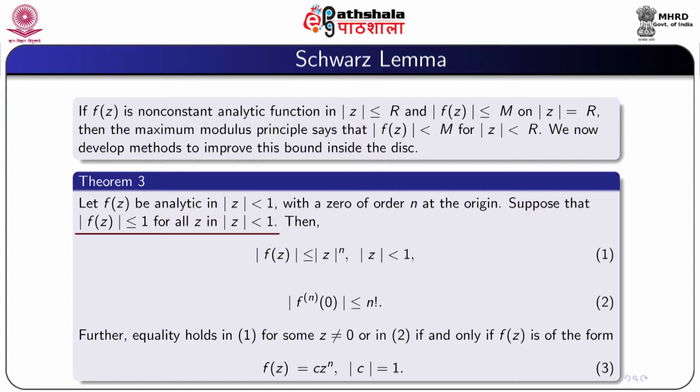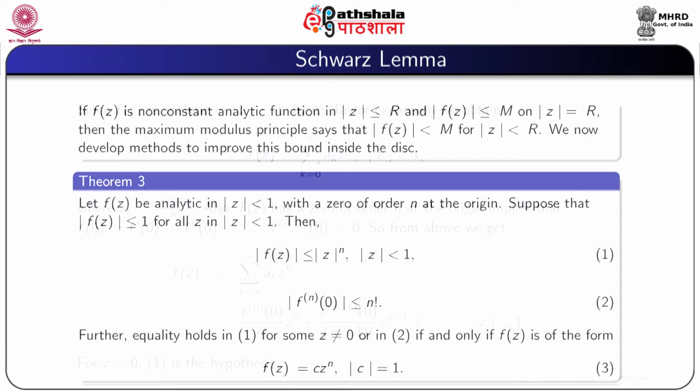Suppose that mod f(z) is less or equal to 1 for all z in mod z less than 1. Then mod f(z) is less or equal to mod z to the power n for mod z less than 1, and modulus of the nth derivative of f at 0 is less or equal to factorial n. Further, equality holds in 1 for some z not equal to 0, or in 2, if and only if f(z) is of the form f(z) equal to c z to the power n, where mod c equal to 1.